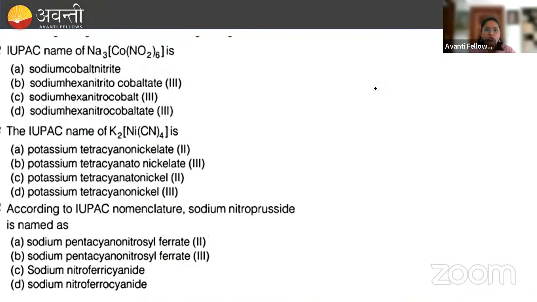Next, tell me the IUPAC name for sodium 3, this molecule, and this molecule. According to IUPAC nomenclature, sodium nitroprusside is named as. I will give you just 1 to 2 seconds and you have to answer me the IUPAC names of these molecules. What will that be?